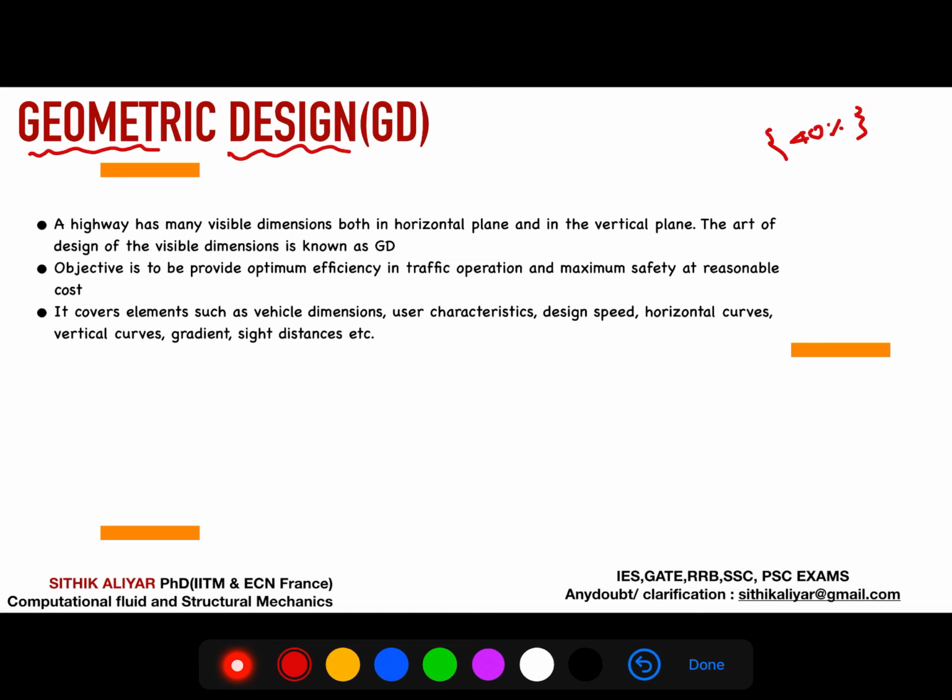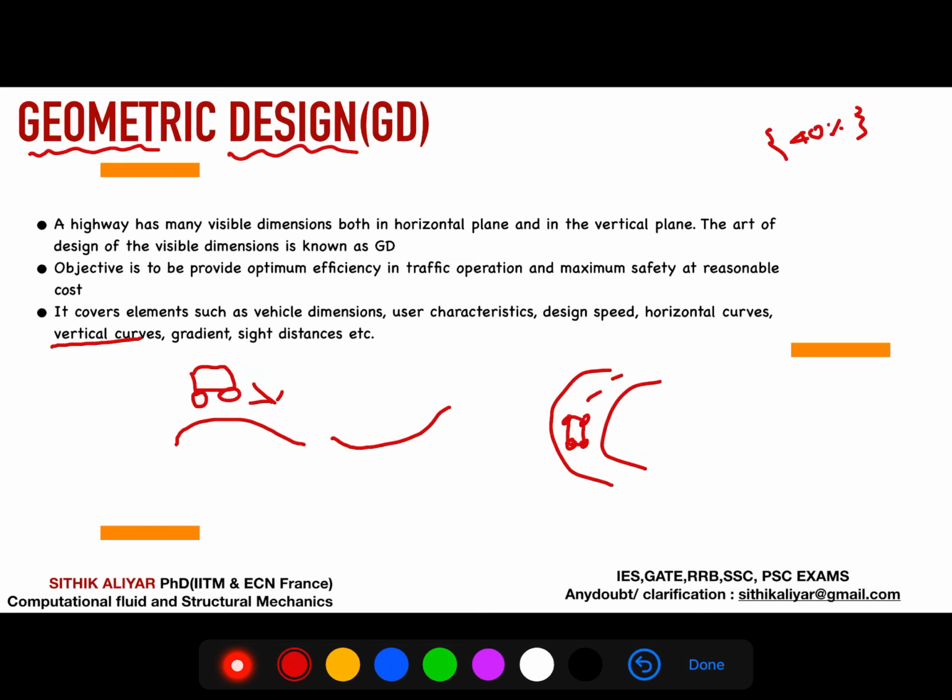I hope you have studied the geometry. We are going to define many things, which I will tell you in detail in the coming slides. We are going to design vertical curves which come in the roads, if the vehicle is going something like this.